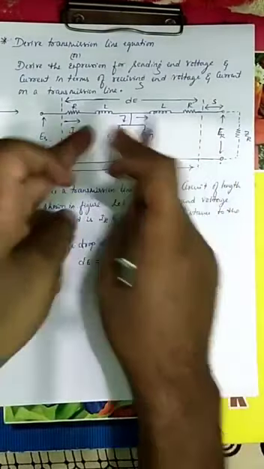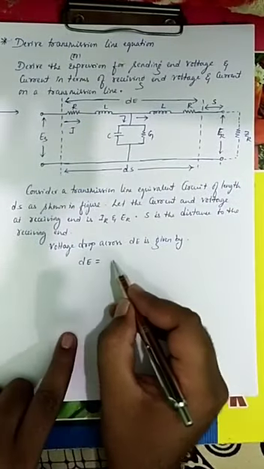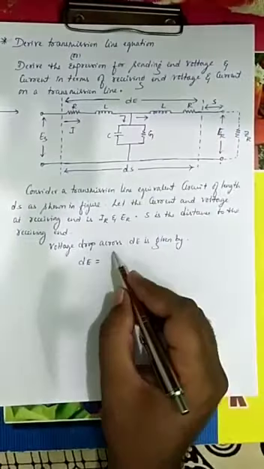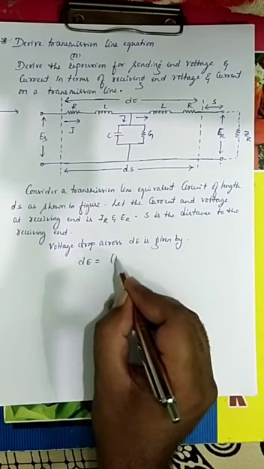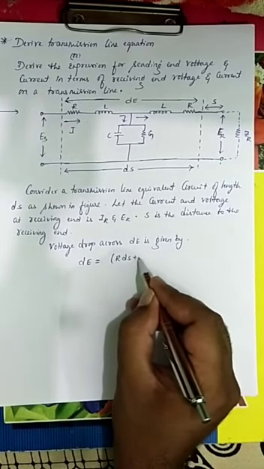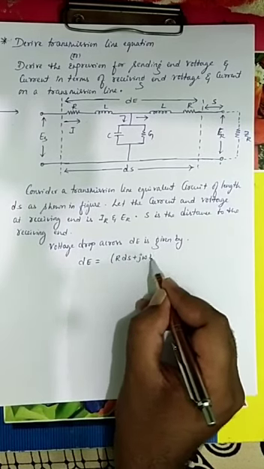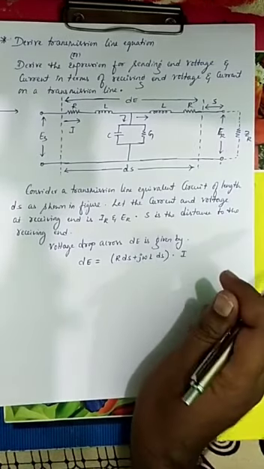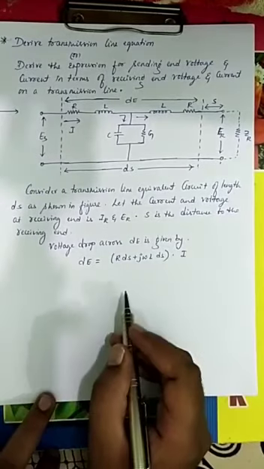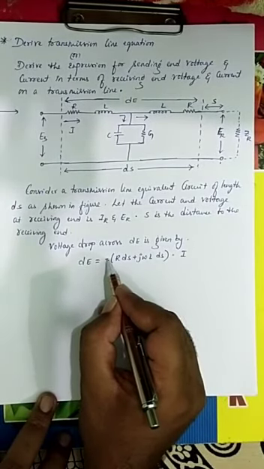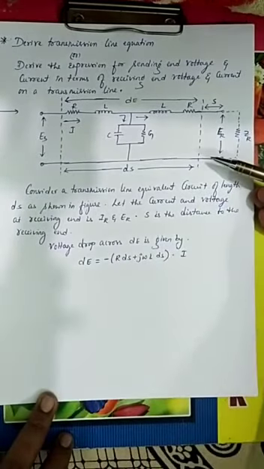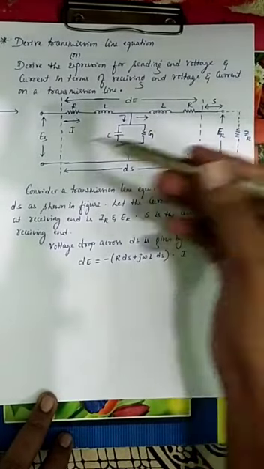dE, the differential voltage at this cross section of length ds, is, as we know, V equal to I into R, so the series impedance (R ds plus j omega L ds) into I. From Ohm's law I have written this, and here I will write a negative sign. That negative sign indicates the voltage at the receiving end will be less than at the source end.